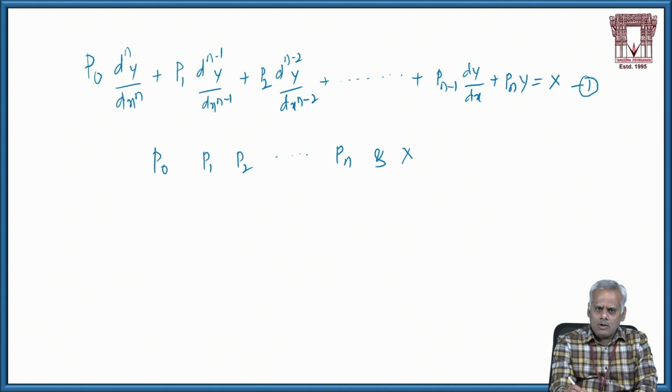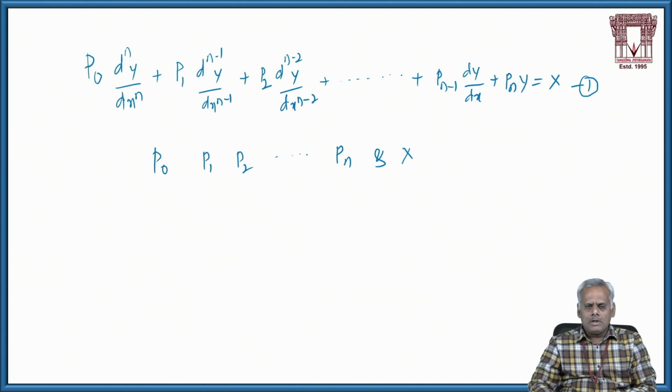And if at least one of them is a function of x, then it is called a higher order or, in particular, nth order differential equation with variable coefficients. In this video, I will mainly focus on linear differential equations of nth order with constant coefficients.